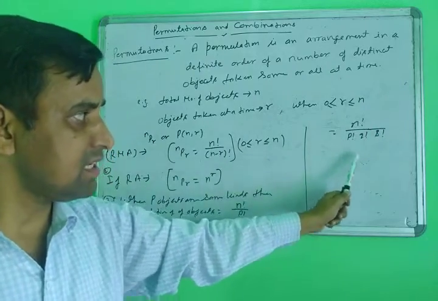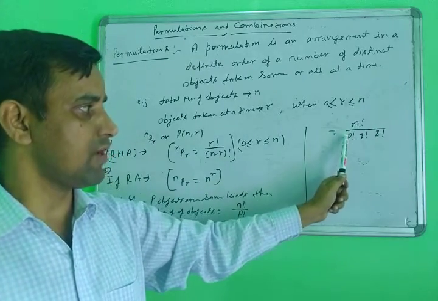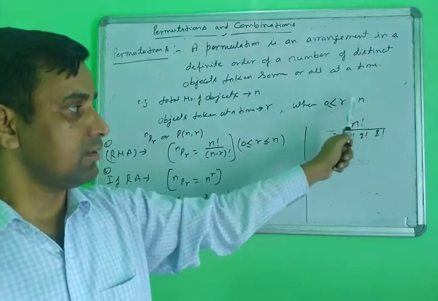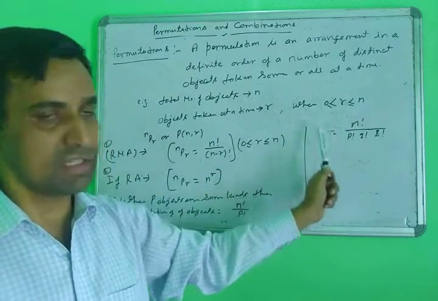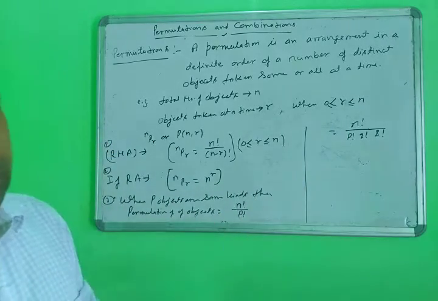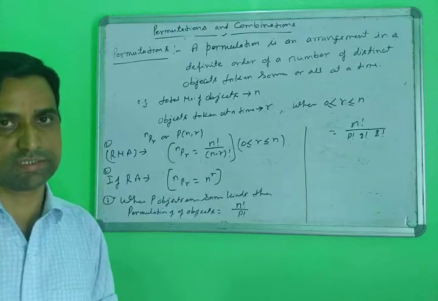Then you divide this way: factorial n upon factorial P into factorial Q into factorial S. If more things are repeating, write it this way; if only one thing is repeating, write it this way. Note it down, then next.